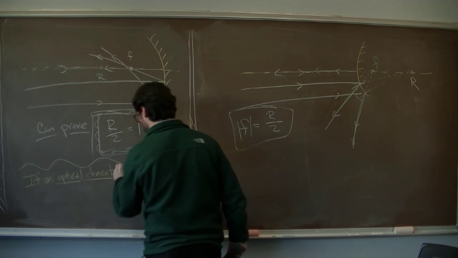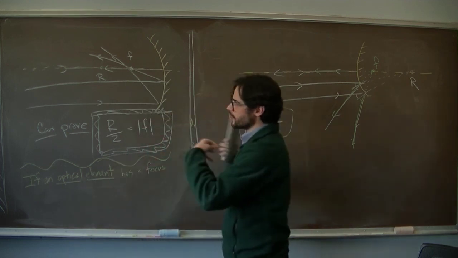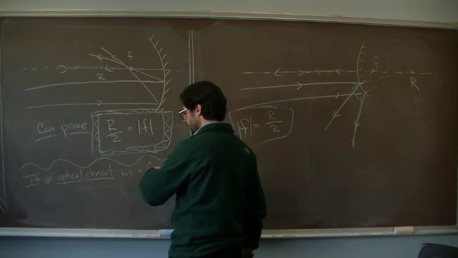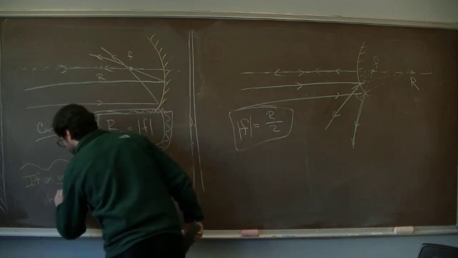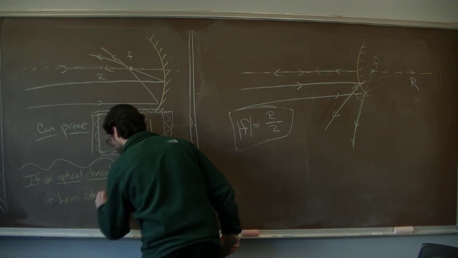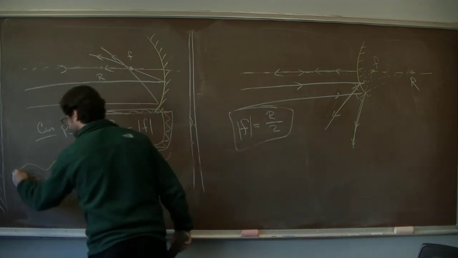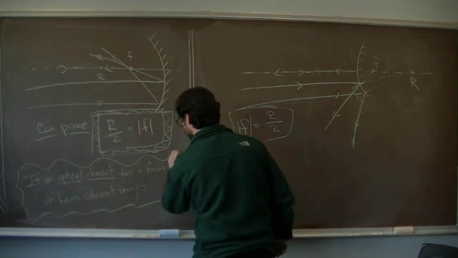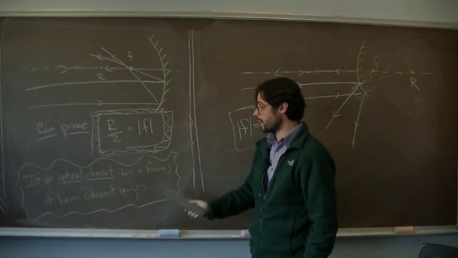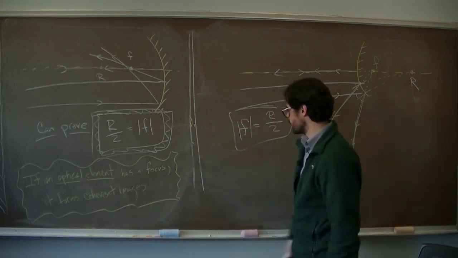If an optical element has a focus, which is to say all light rays coming in parallel to the principal axis or from infinity converge at the same point, then it forms coherent images. So in this case, both of these have a focus, so both of them form coherent images. And again, this will be true for lenses too, lenses and mirrors.